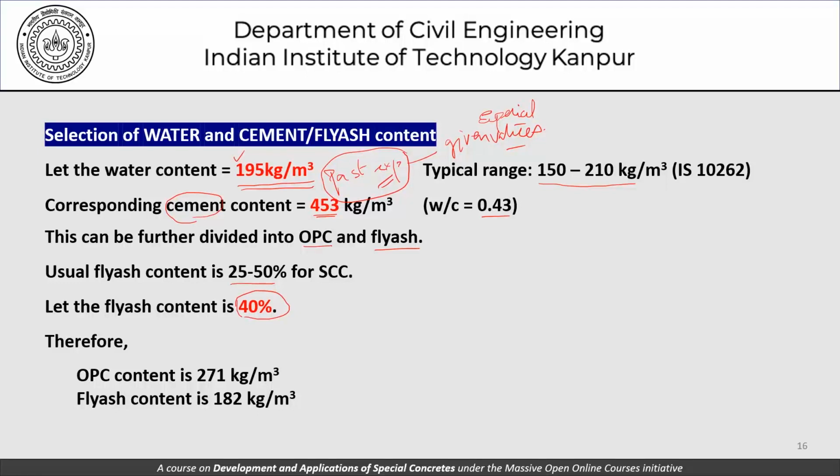Now this 40% means that 0.4 of this, which is 182 kgs, will go to fly ash, and the remaining 60%, that's 271 kgs, will become OPC. Now once we are doing this, we are not using the concept of efficiency of fly ash.